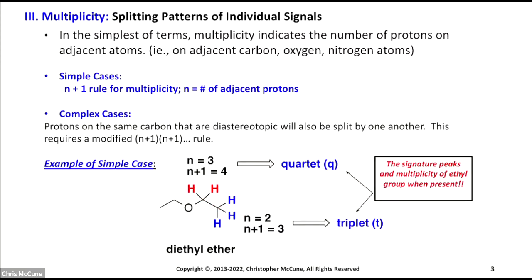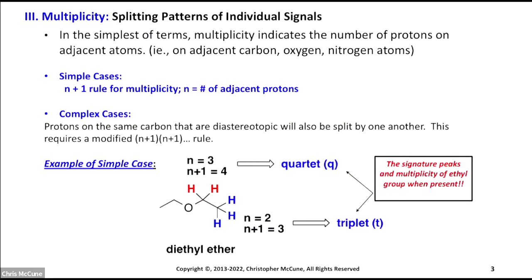And so the splitting pattern for this set of hydrogens is going to be a quartet. And this is the signature pattern of peaks in multiplicity of an ethyl group. So when you have an ethyl group, you're always going to have this triplet and quartet signature showing up in your proton NMR.